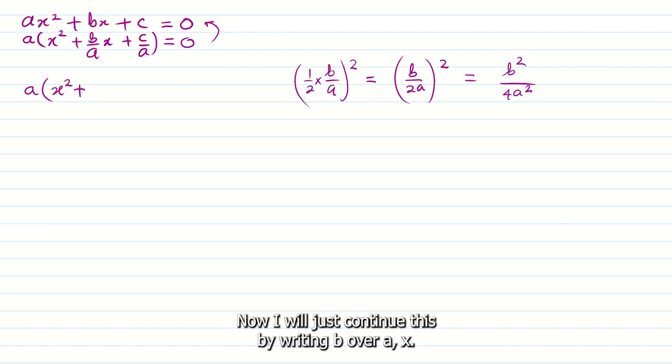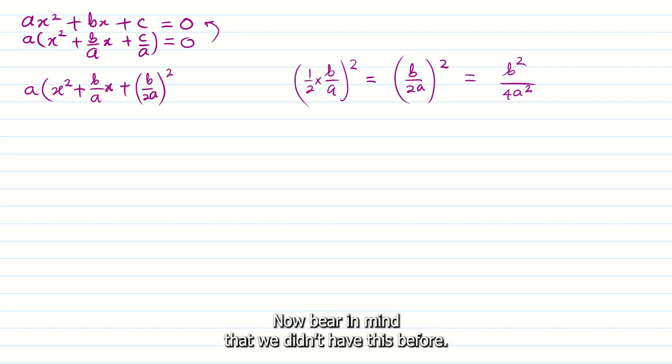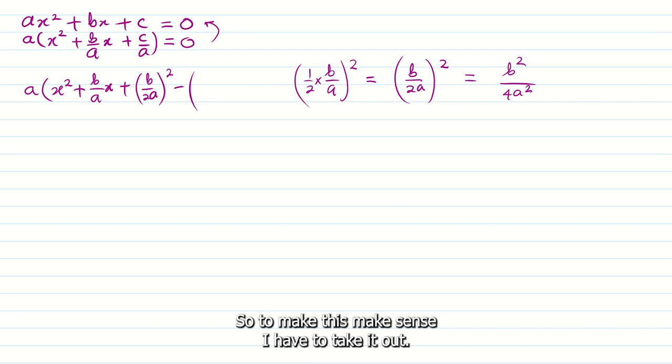Now I will just continue this by writing b over a x, and then to complete this square, I'm going to add b over 2a all squared. Now bear in mind that we didn't have this before, so to make this make sense, I have to take it out.